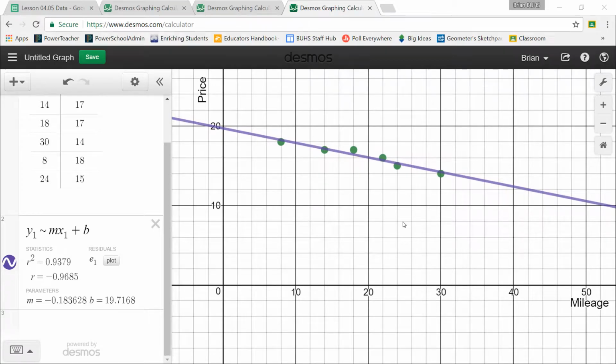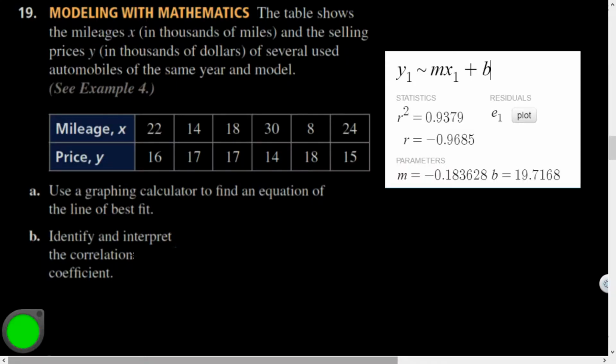Okay. So, it says identify and interpret the correlation coefficient. So, what is the correlation coefficient? This is the correlation coefficient. It's negative. That means it's a negative correlation. As mileage increases, the price goes down. That down is the negative that we're talking about.